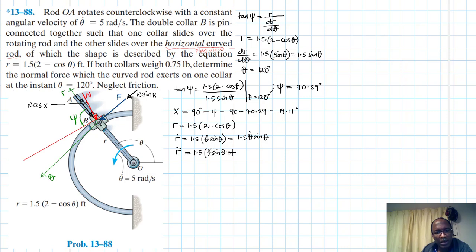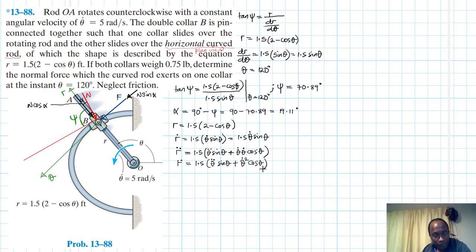Okay, then I'll say plus, then I'll move to the next one. So we'll have theta dot, which we're making constant, then theta dot cos theta like so. Therefore r double dot is just equal to 1.5 theta double dot sine theta plus theta dot squared cos theta.